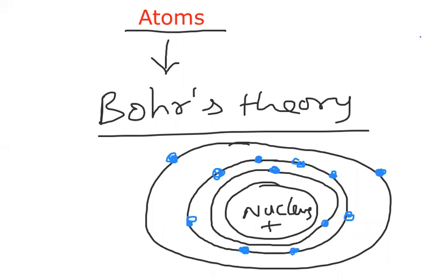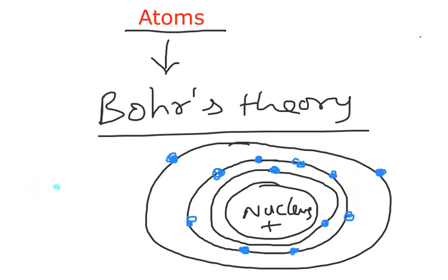The third shell can accommodate 18 electrons, like that. We also have a formula for the number of electrons accommodated in a shell: 2n square. For the first shell n is equal to 1, then n equal to 2, n equal to 3, like that. We put those values.